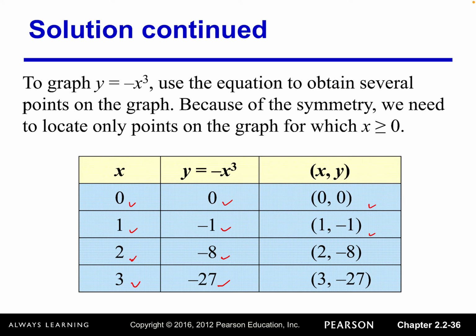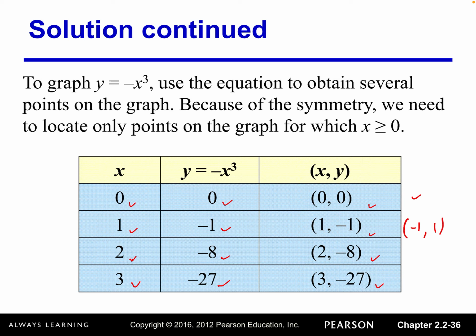So we got 4 points here, and we already know the graph is symmetric with respect to the origin, right? That means we can get the other 4 points, where both x and y are negated, based on the symmetry property. 0, 0 is still the same.